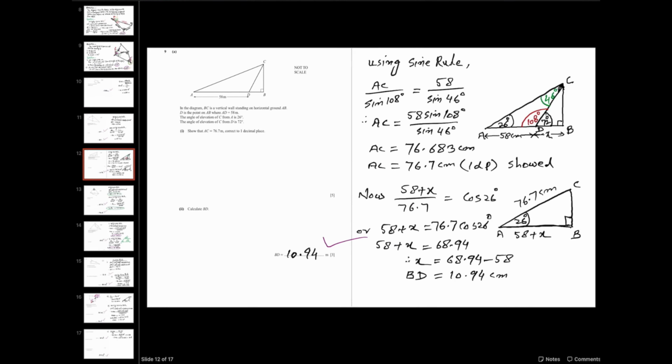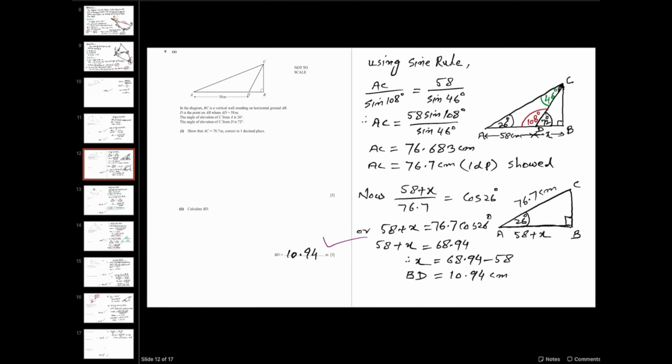Okay guys, now the new question is shown in the diagram. BC is a vertical wall standing on horizontal ground AB. D is the point on AB where AD is equal to 58 meter.